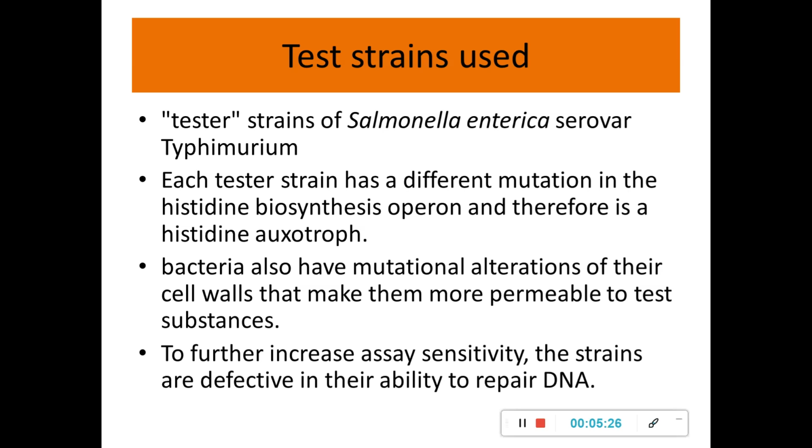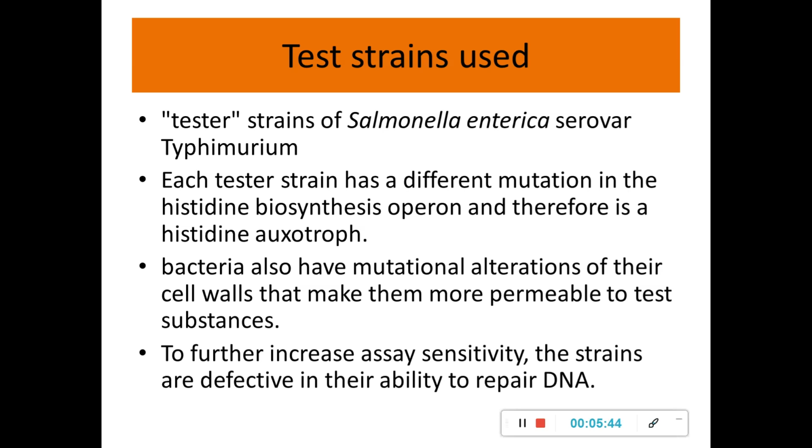You do remember what an auxotroph is. A histidine auxotroph cannot synthesize histidine by its own biosynthetic machinery, and so if that strain has to be grown, you have to supplement histidine in its media.